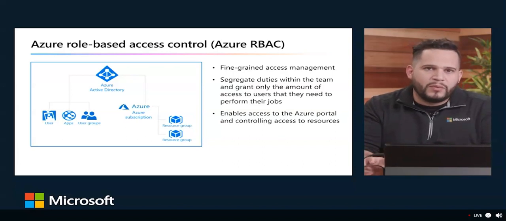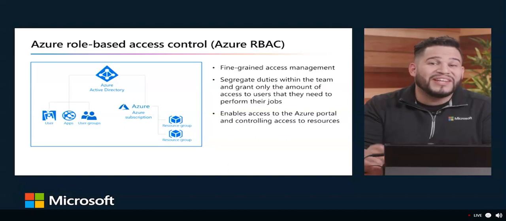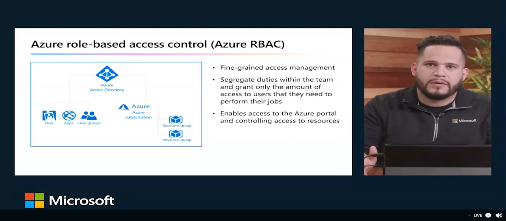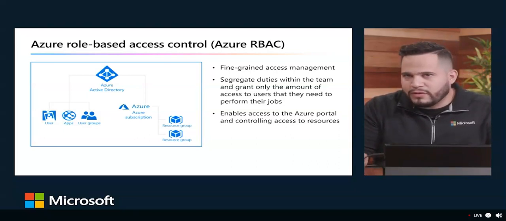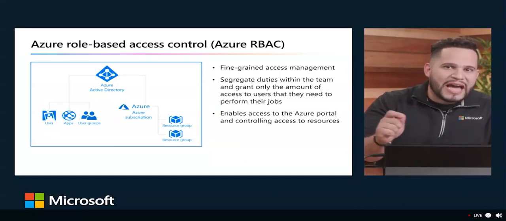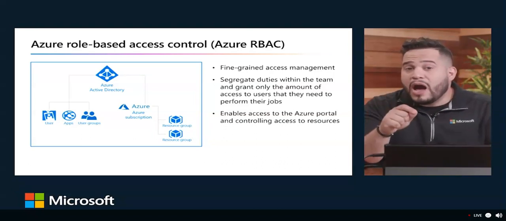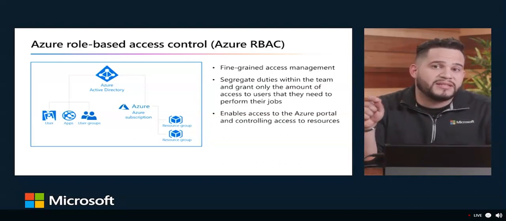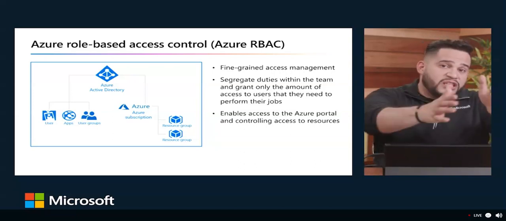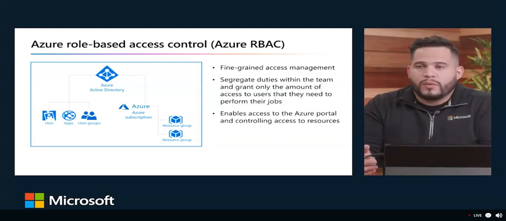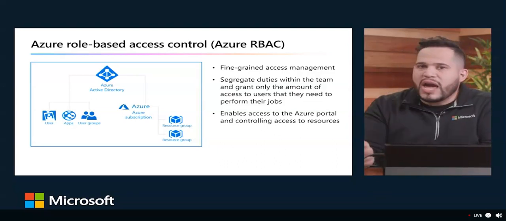What I usually recommend when it comes to role-based access is you want to provide the users with the least amount of access possible to do their job, because RBAC is what we call an allow model. An allow model means that when you give someone a role within RBAC, you are basically saying, this is what you can do. So you're giving them authorization, whether they're allowed to read, write, or delete.